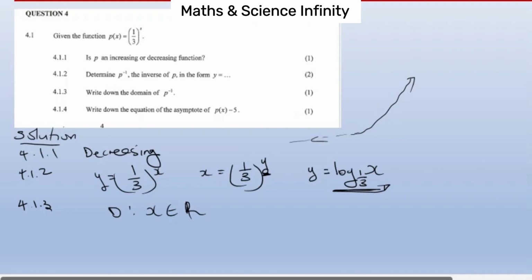It keeps growing this side, approaching 0 but never touching the line, and also growing on the positive x-axis. So our domain will be x is an element of real numbers.